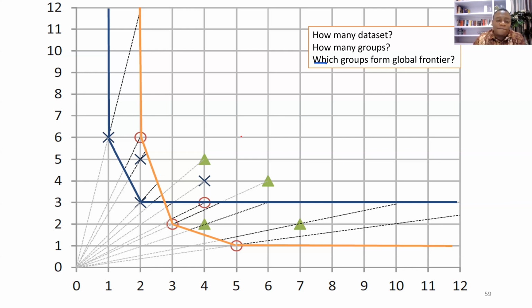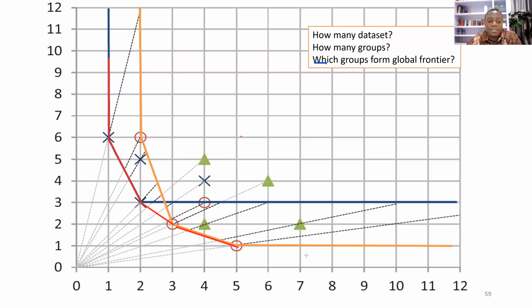All right, so the global frontier will be picked from somewhere here. If I were to draw the global frontier, I'll move from this section to this, then from here to that, and then from here to that. So that is where the global frontier will be passing. And therefore, the 2 frontiers will be those stars, the extreme stars, and then the extreme orange.